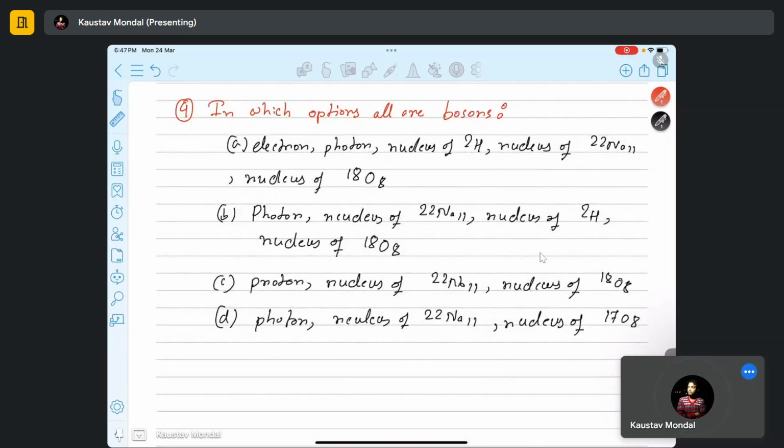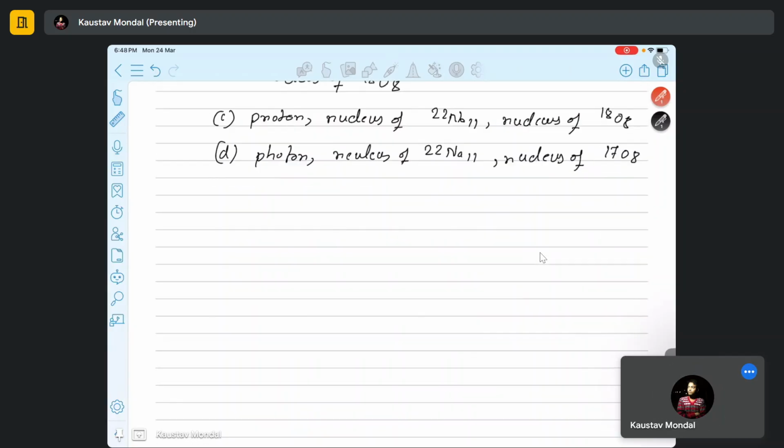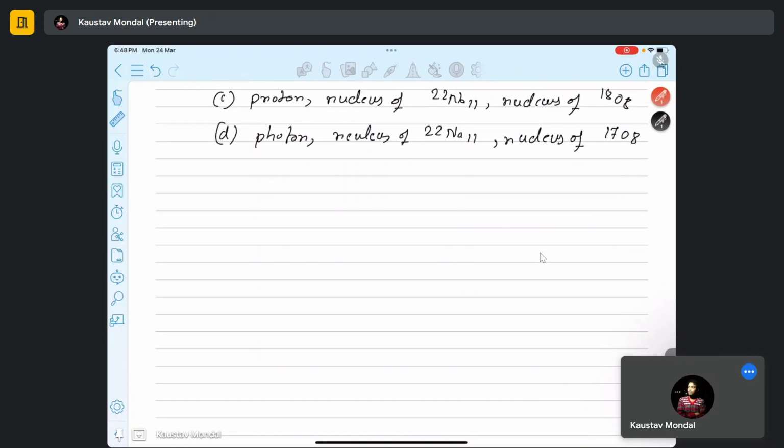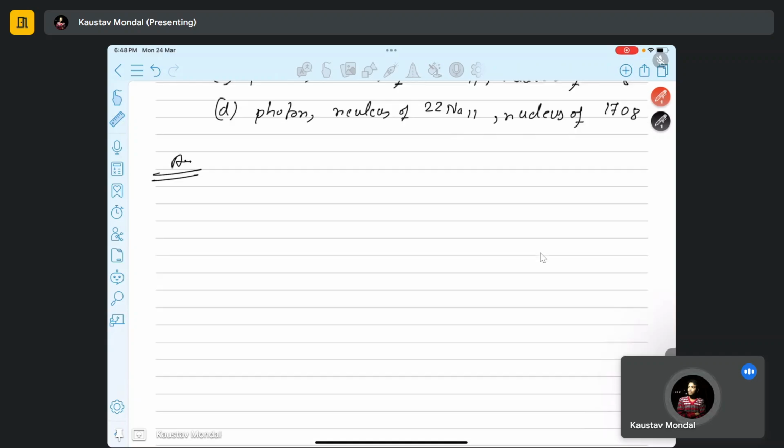Okay, so in which case are all the options bosons? You have to check basically. Let me first write down the properties. What are bosons?